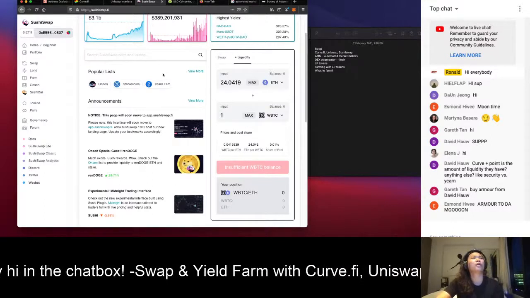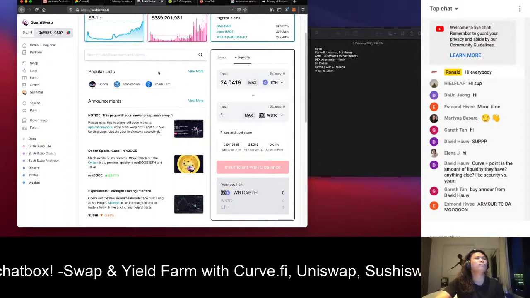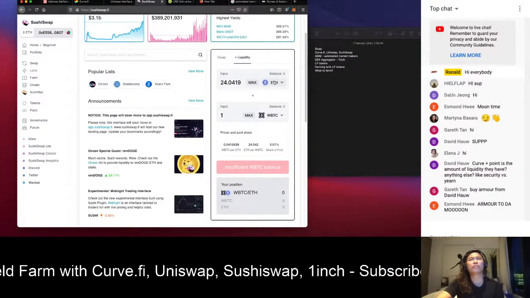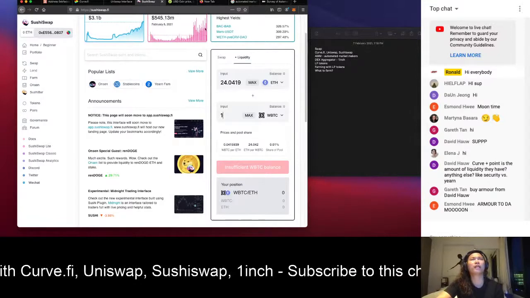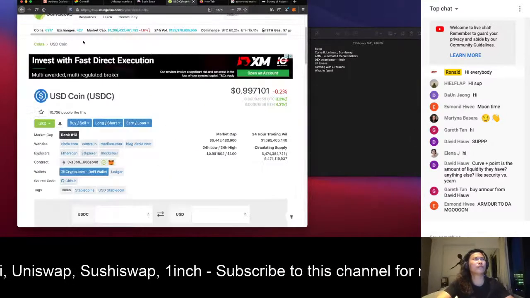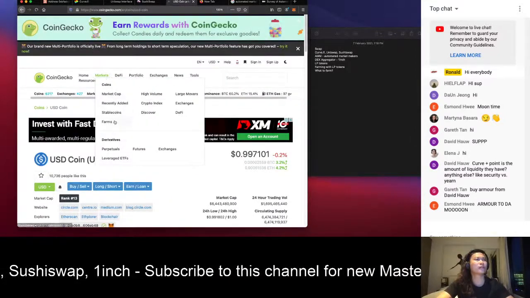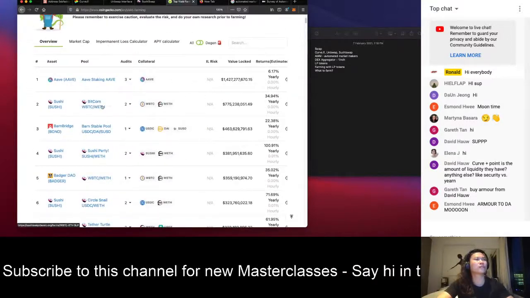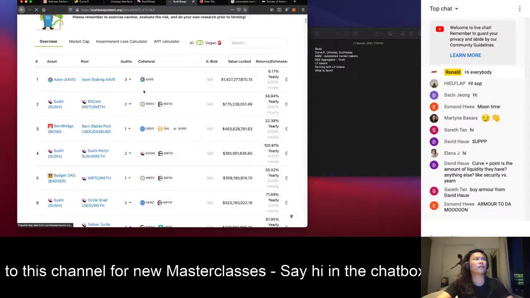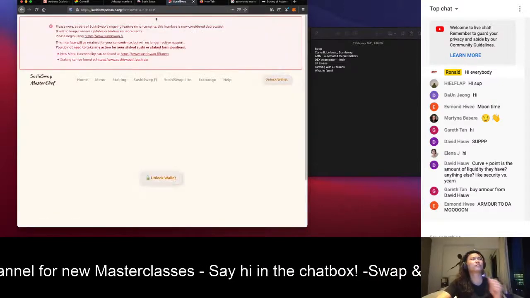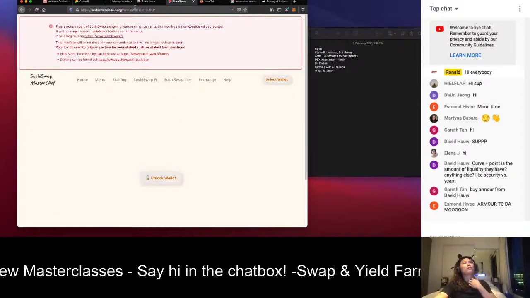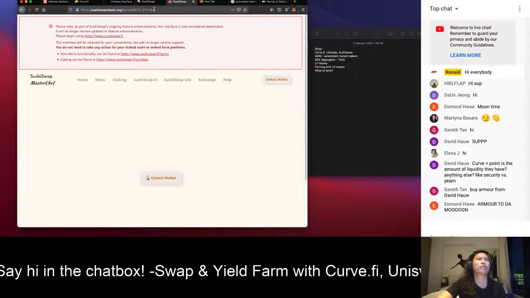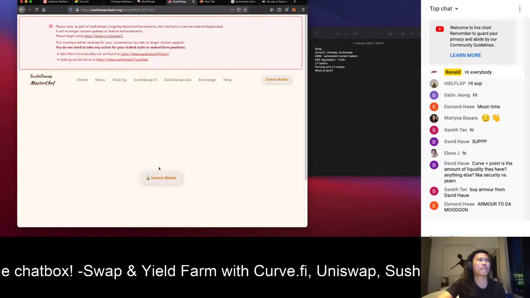When you add WBTC and Ethereum, you will get a receipt, and the receipt will look something like this here. It will be called WBTC Ethereum SLP. SLP stands for Sushi Liquidity Provision.